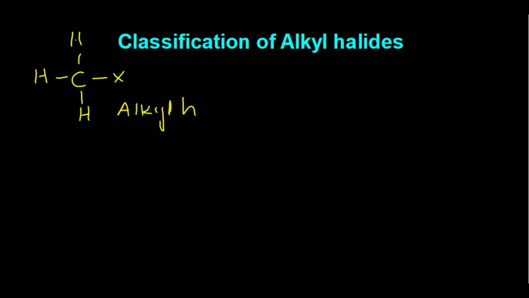Or simply, an example of an alkyl halide is CH3Cl, methyl chloride. This is a monohaloalkane, an alkyl halide. Now we will see the classification of alkyl halides, the different classes of alkyl halides.